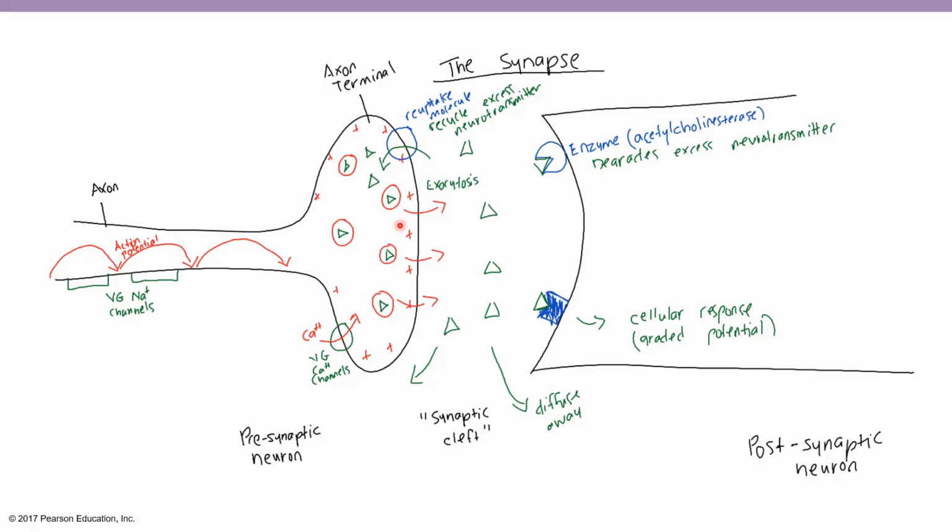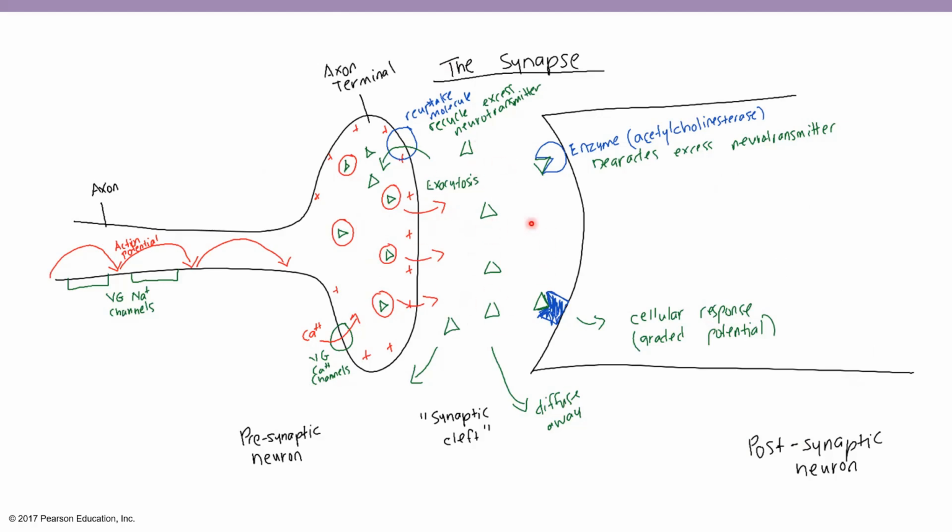And so this is the time that it takes, that kind of delays. There's a delay between the signal arriving here and then a response happening on the postsynaptic neuron. And the delay is really owed to the time that it takes for the vesicles to move closer to the membrane and then to release their contents by exocytosis.